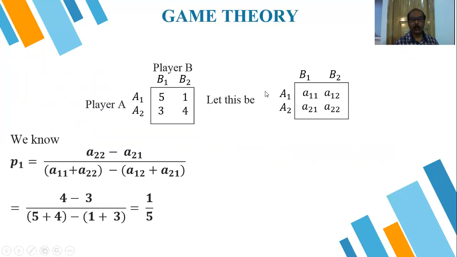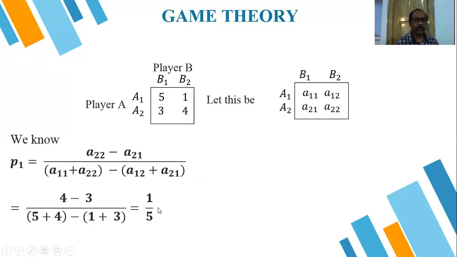For this case, the probability is P1 for selecting the A1 for the player A. So block it. A22 minus A21, and the denominator is crosswise: this plus this minus this plus this, A11 plus A22 minus A12, A21. You can put the values here.